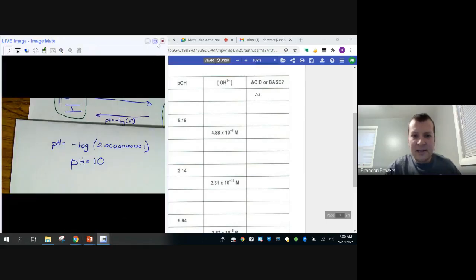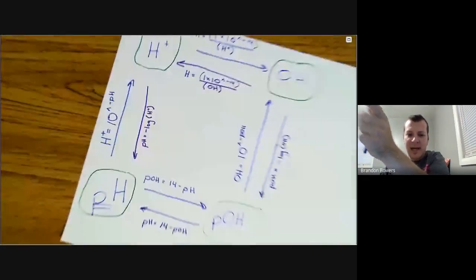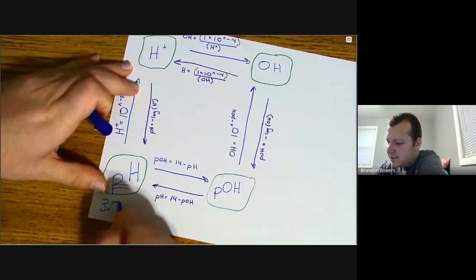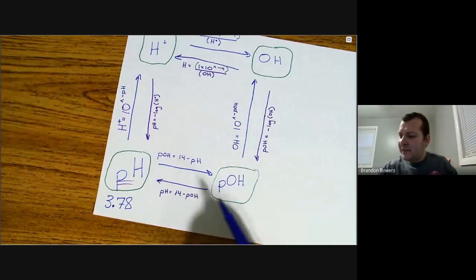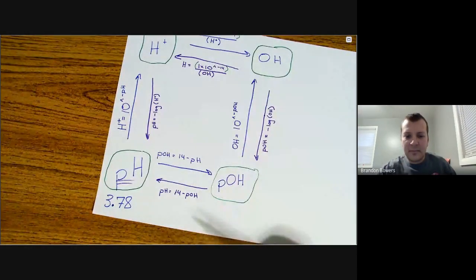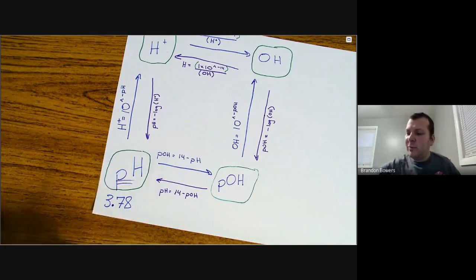what you guys are going to do is your pH is 3.78. You have to solve for the remaining 3 corners. Like I said, the bottom is always the easiest, and working up is the next easiest.